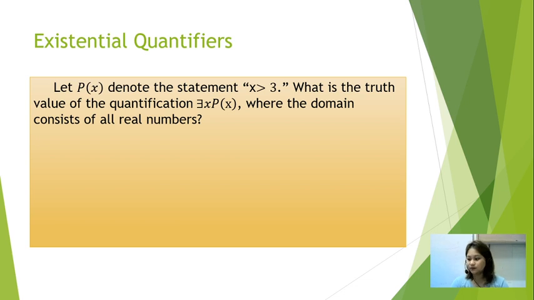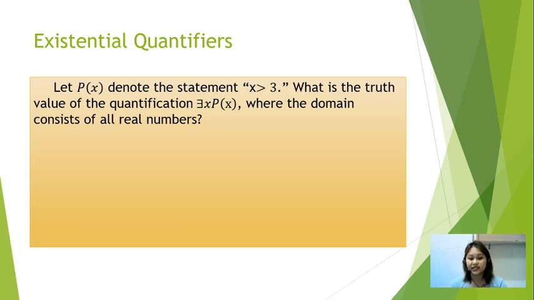Not for every x, I'm sorry. This is the existential quantifier, which means that there is at least one x for P of x. So, there is at least one.